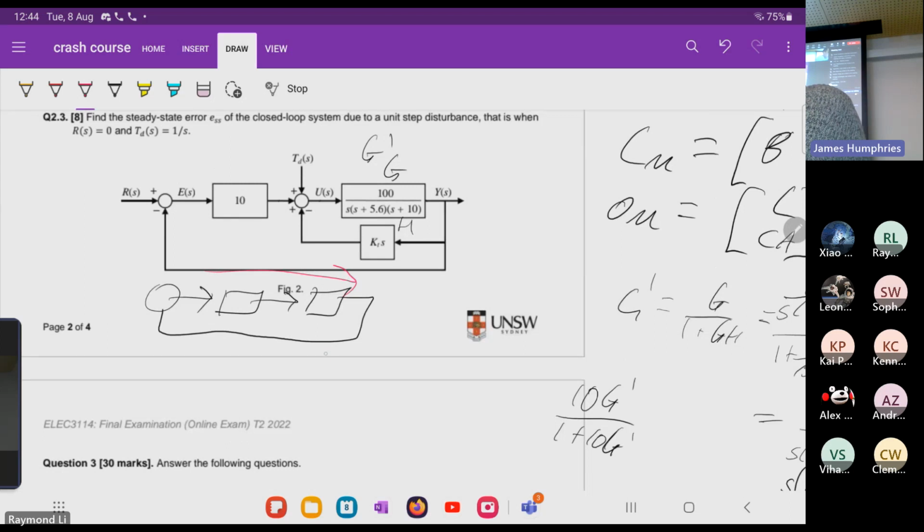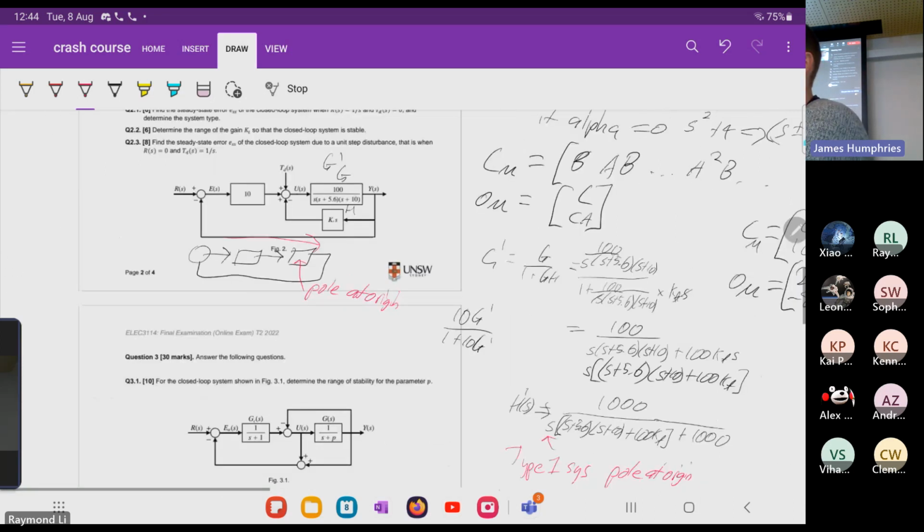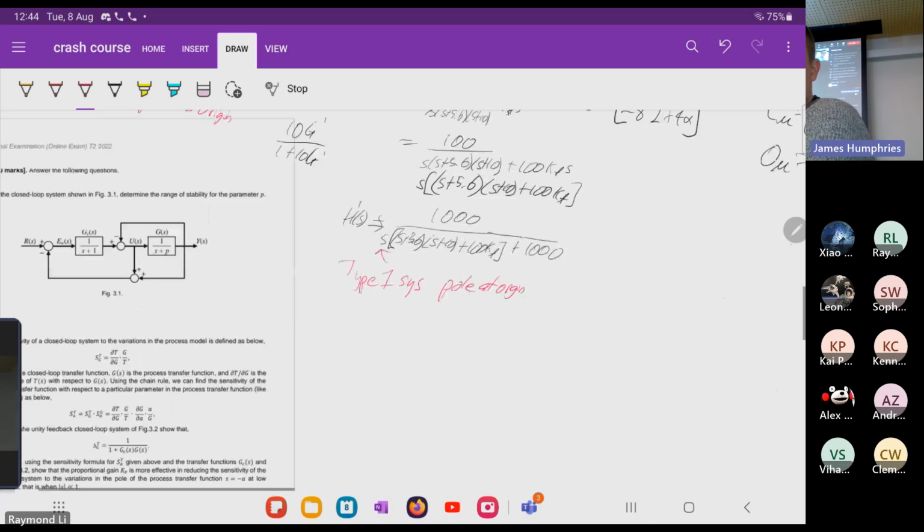So here we have pole at origin. Make sense? Okay, so what's E of S equal to then? For a step. 0. 0, perfect. All right.